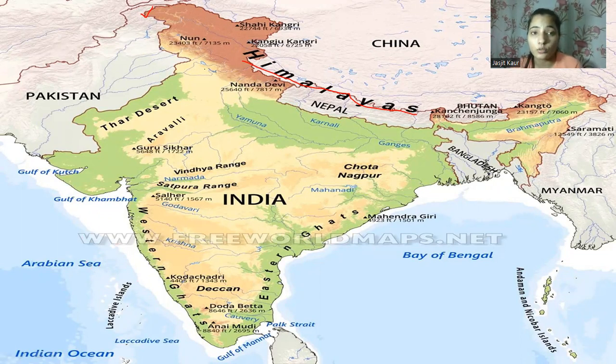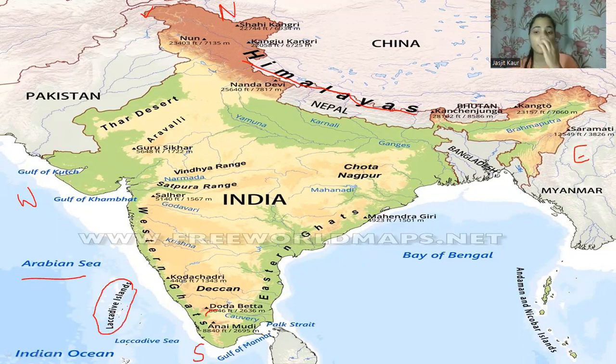So this is the southwest direction. This is north, this is south. Here we have east, and then here we have west. In the southwest direction, we have the Arabian Sea, and then the Lakshadweep Island. So here is the Lakshadweep Island.